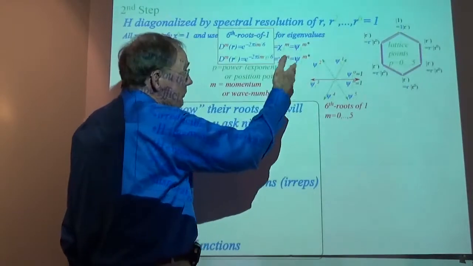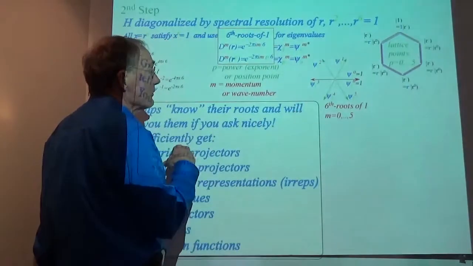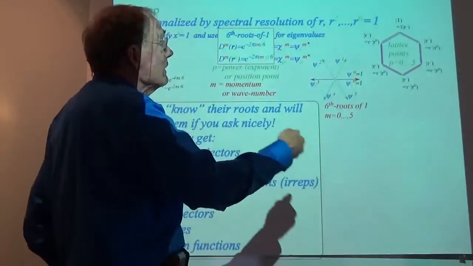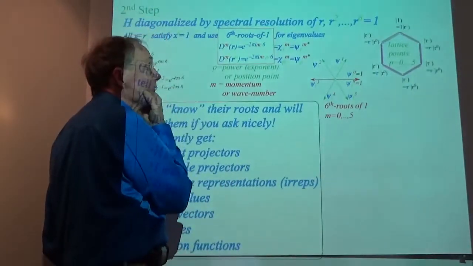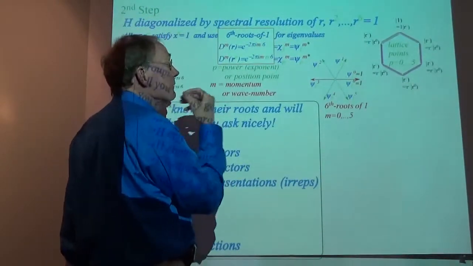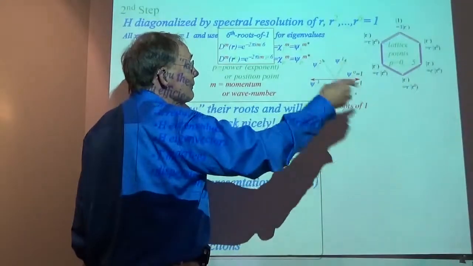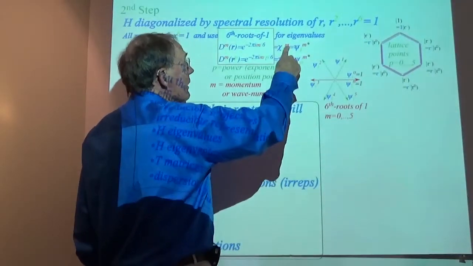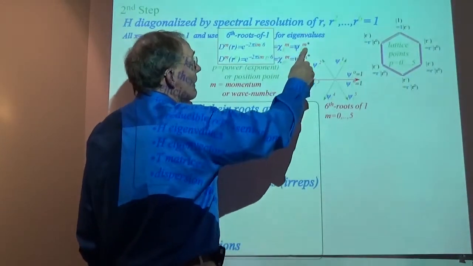So the momentum is quantized. That's just counting wave nodes, basically, or pairs of nodes. There are going to be 6 pairs of nodes for m equals 6 and so forth.